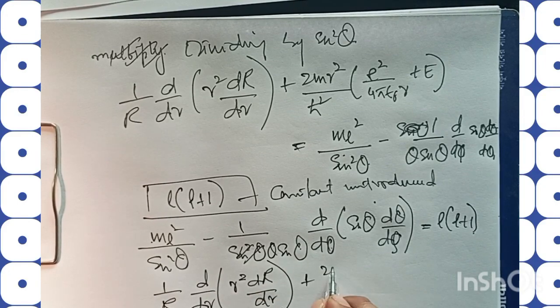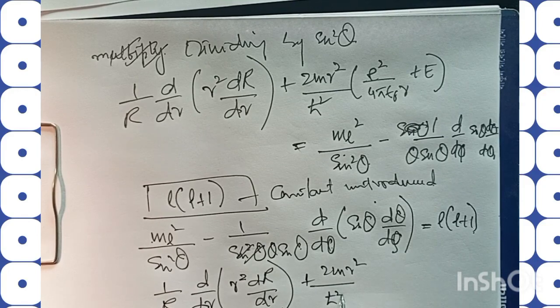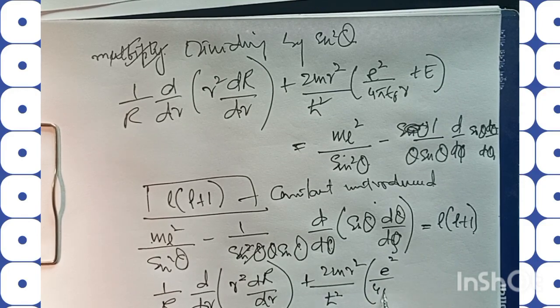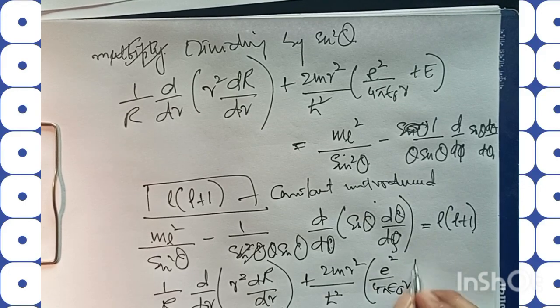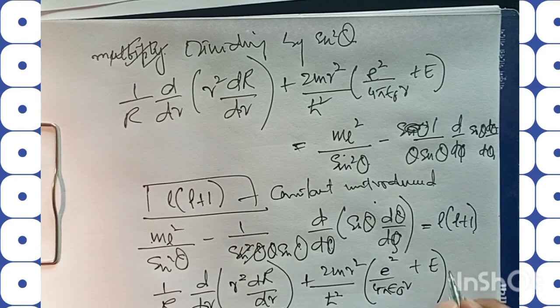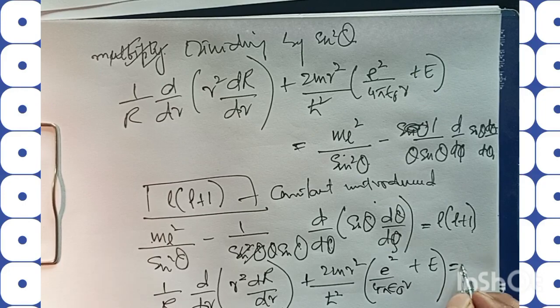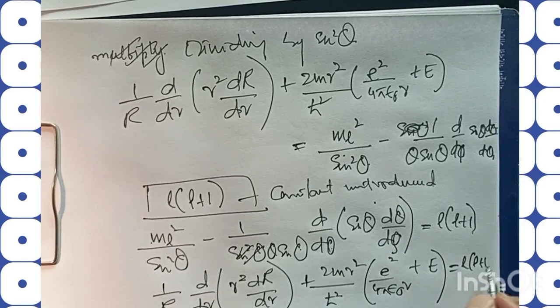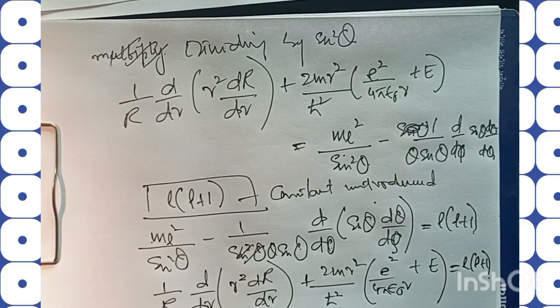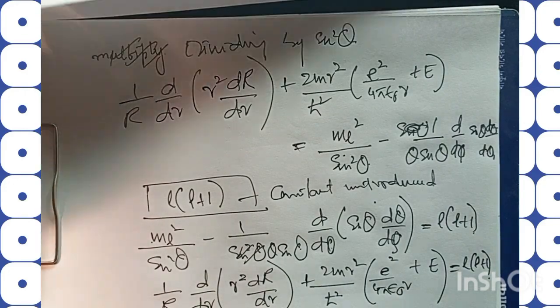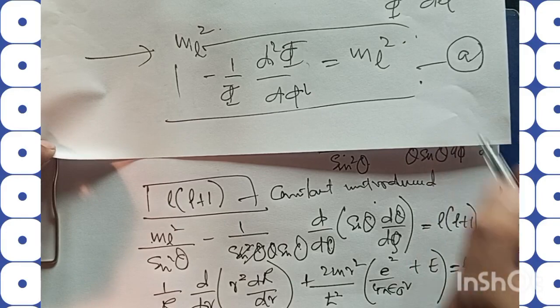Then plus 2m r square by h cross square, then e square by 4 pi epsilon naught r plus e, and this thing is equal to L into L plus 1.